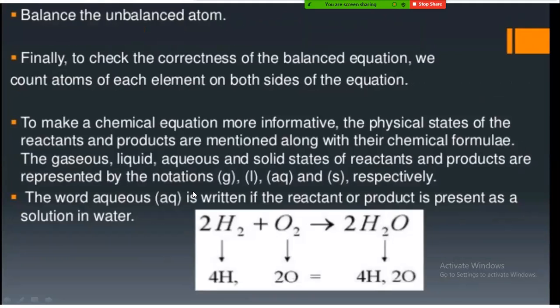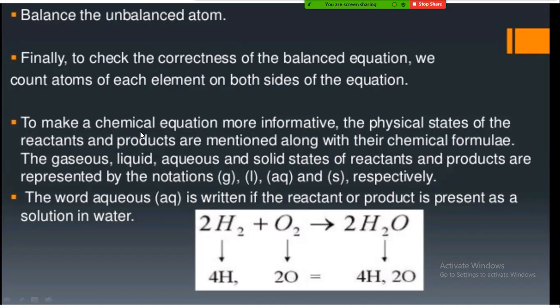Now, a chemical equation should provide information in a single line. If you want to accumulate more information, then you have to mention the state of matter. That also you can do, and the catalyst used. All those things you can mention.